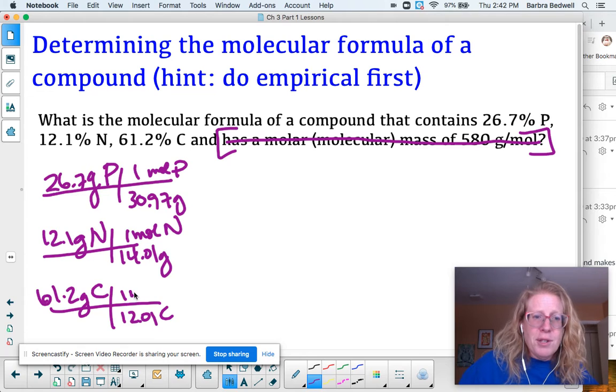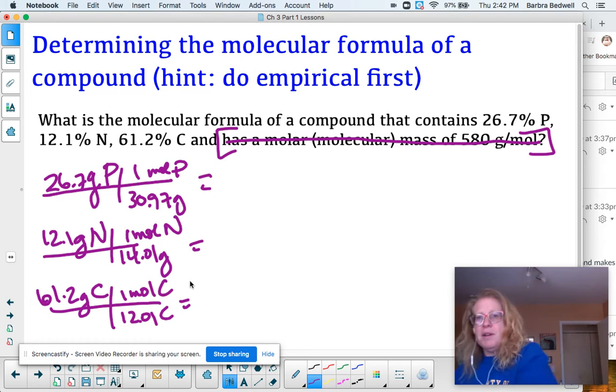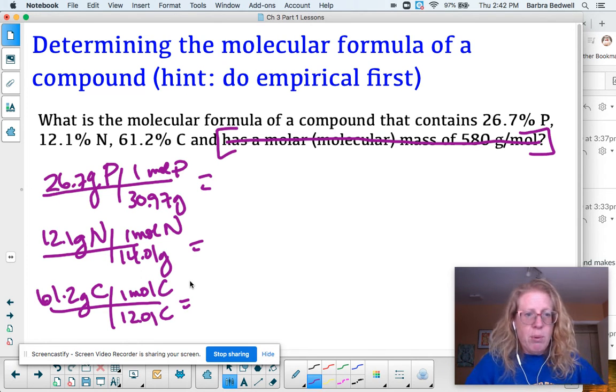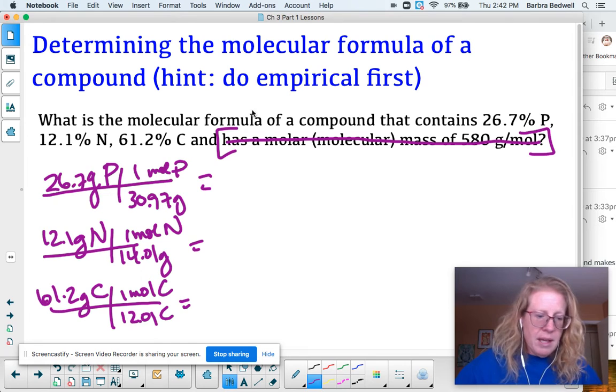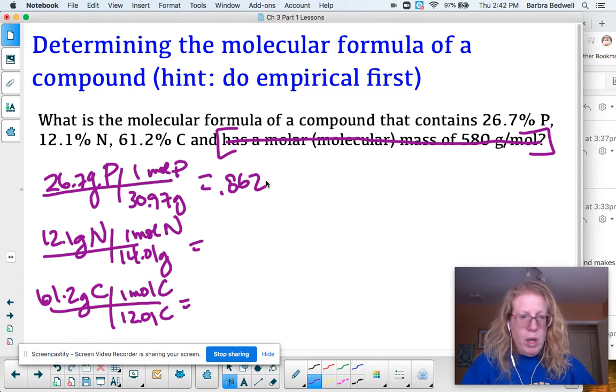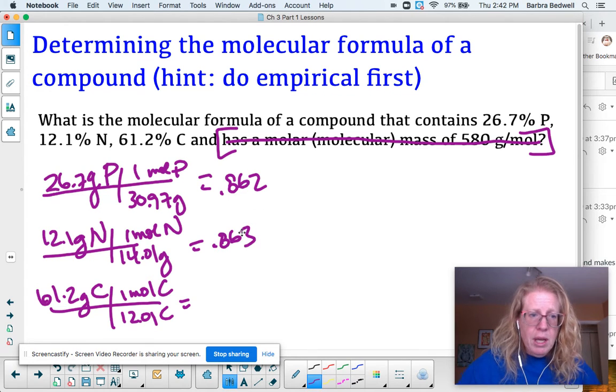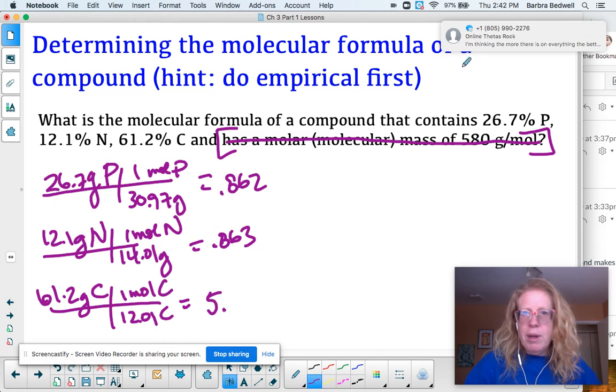Grams of carbon versus 1 mole of carbon. There we go. And now we just do all of our little divisions on there. So 26.7 divided by 30.97 gives us 0.862, something like that. 12.1 divided by 14.01 equals 0.863, and 61.2 divided by 12.01 is really 5.09.